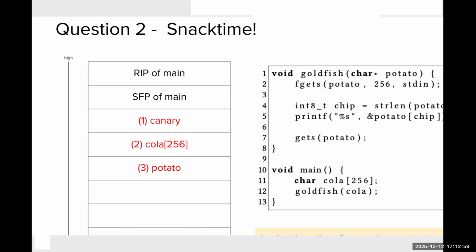And then below the arguments is the RIP and SFP of the function. And then below the SFP is the canary. And then it's any local variables, and there's only one inside goldfish, which is just chip. Cool. So the answer choice of 1 and 2 was I think D and B.